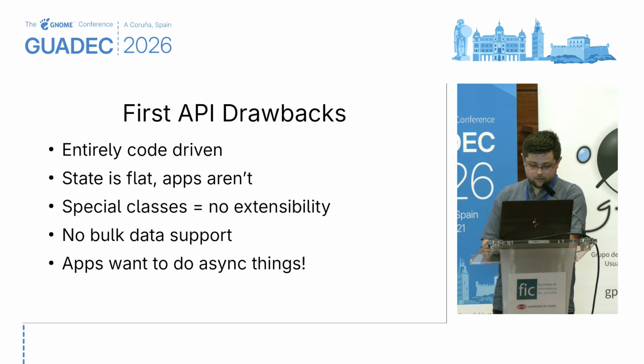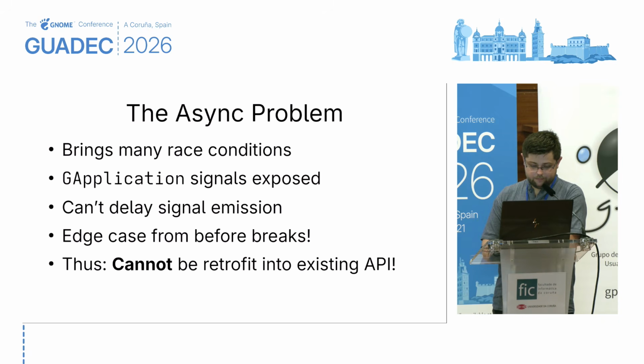So the decision was made that there's actually no way to retrofit async support into this API. And this issue came up because I actually published this API to app developers, and a few apps actually got ported. And one of the big pieces of feedback was, well, I want to do something async here, but I can't. And they would come asking me, well, how should I do this?